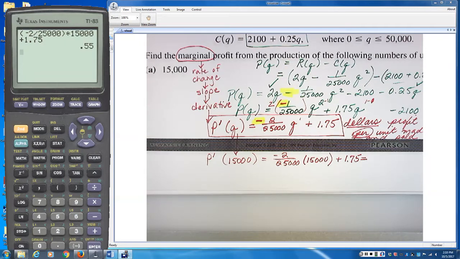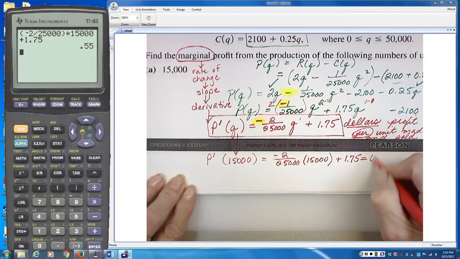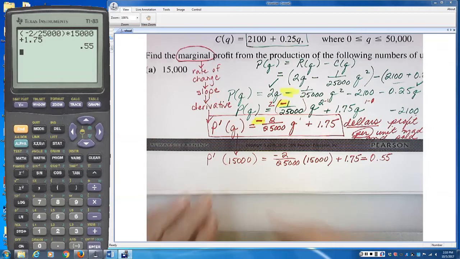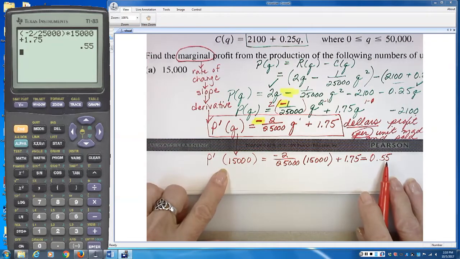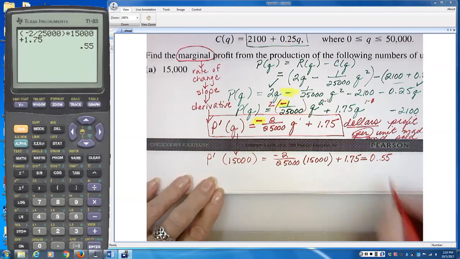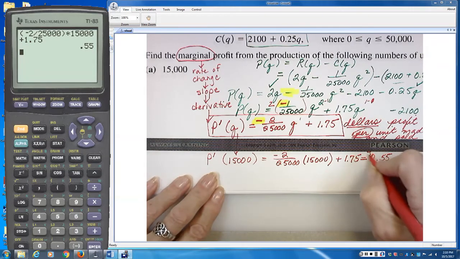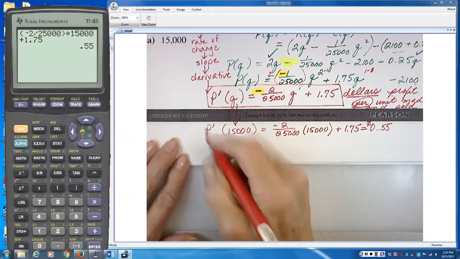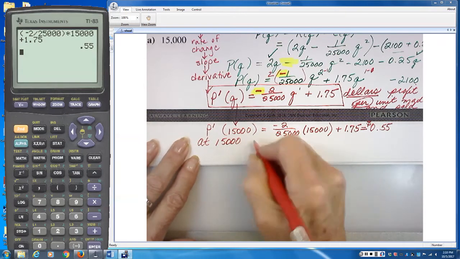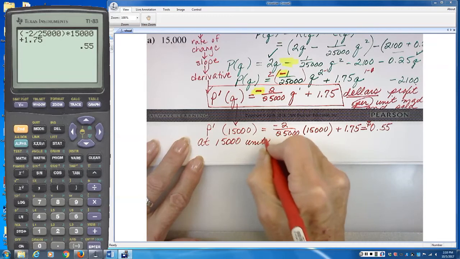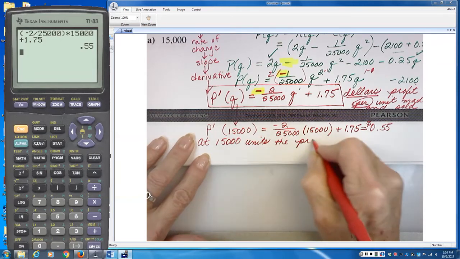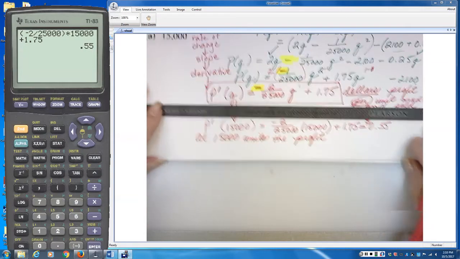And that should be 0.55. Now we need to think about what that 0.55 means. Since this is dollars, how much is that really? That's 55 cents. And watch the wording carefully on this.